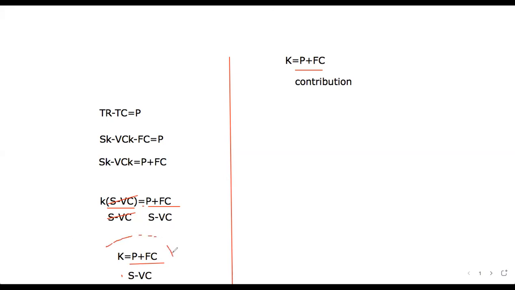Sometimes they won't even give you the formula, but you just have to understand it, so that even without them giving you the formula, you remember by understanding. So this formula came about: we know that profit is equal to total revenue or total sales minus total cost. We also know that total revenue is equal to selling price times quantity. I've indicated the K to be quantity.